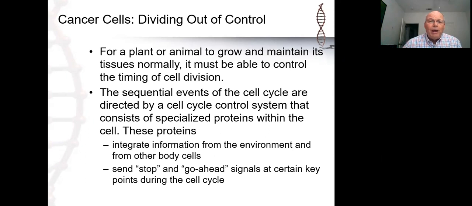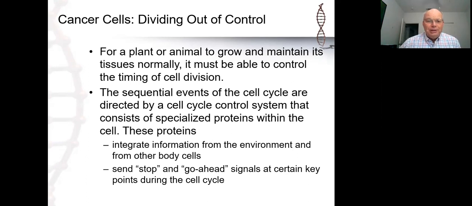So there needs to be a way of telling the cells yes, it's okay to divide, or no, it's not okay to divide. And so there are protein signals, both internal to the cell and external to the cell, that tell the cell that it's okay to divide and not okay to divide.